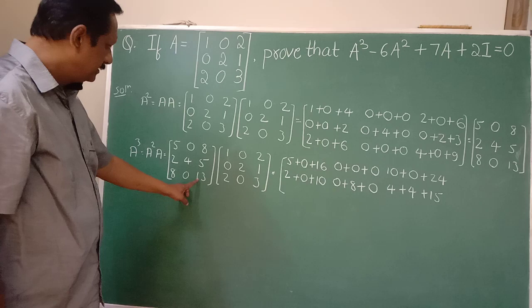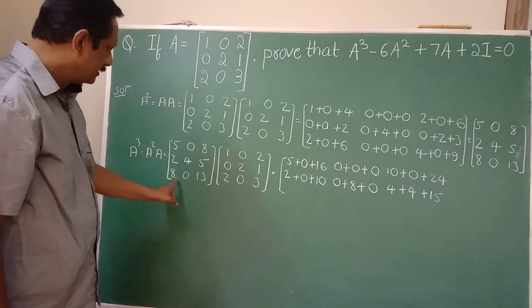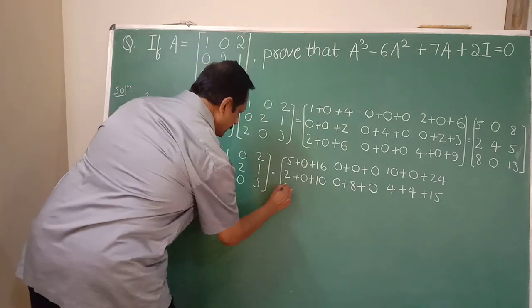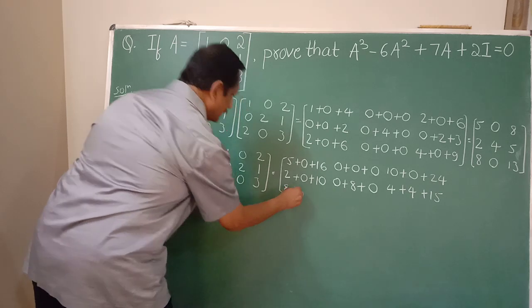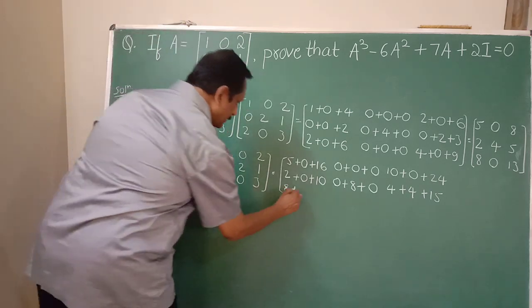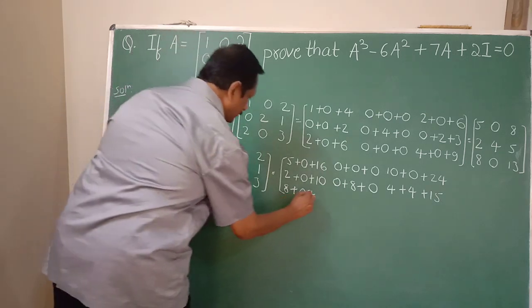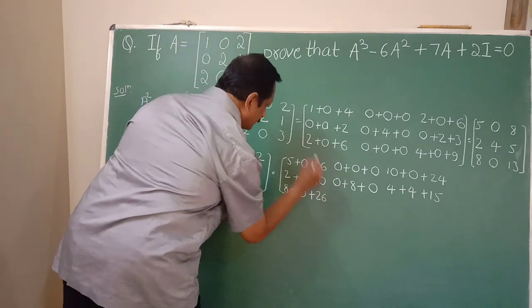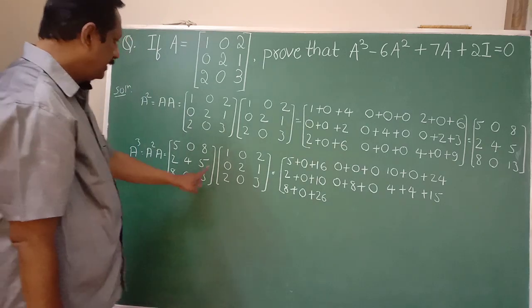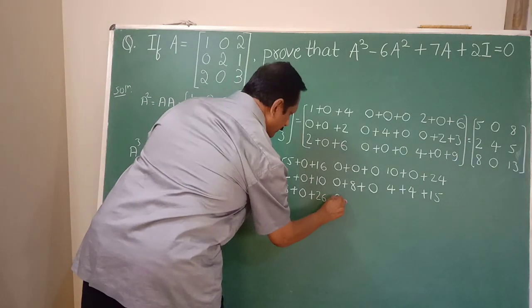Then multiply this third row with the first column here. 8 ones are 8 here. So write here 8. Then plus here. Then 0 into 0 becomes a 0. Then plus here. 13 2s are 26. Plus 26 here. Then 8 into 0 becomes a 0.